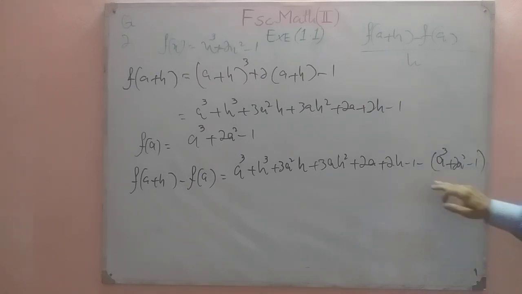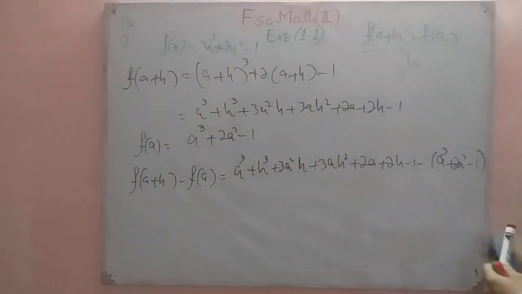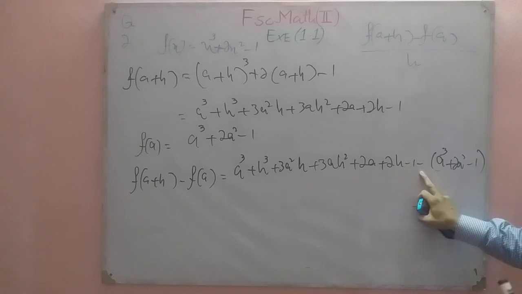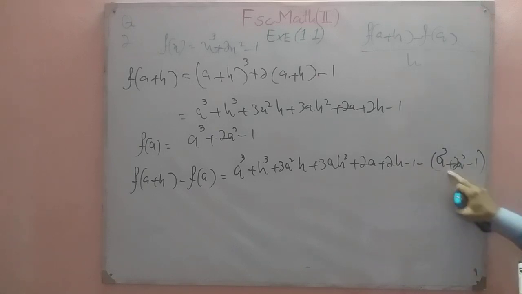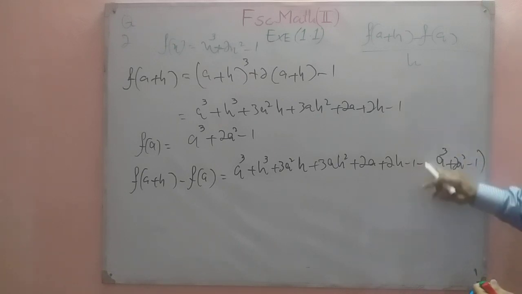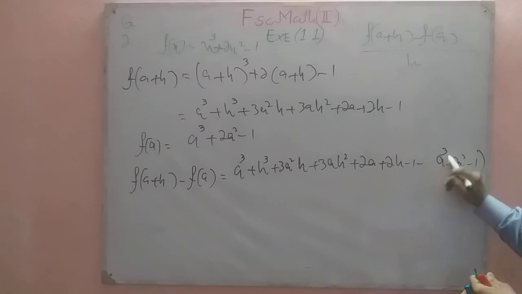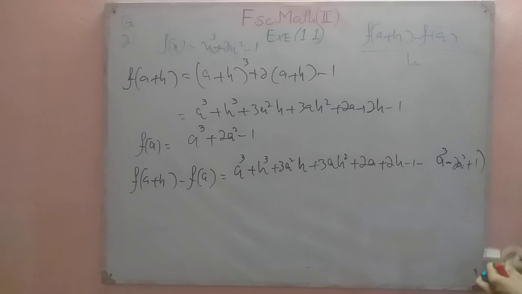This minus sign multiplies all the terms in the bracket, so we have to change the sign of these terms. After changing the sign, we will get minus a cube minus 2a square plus 1.